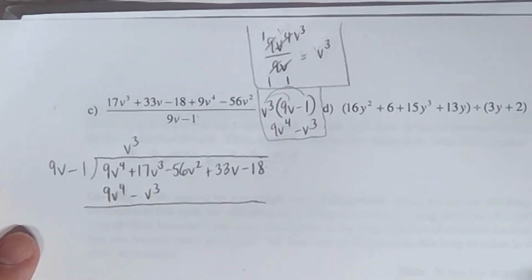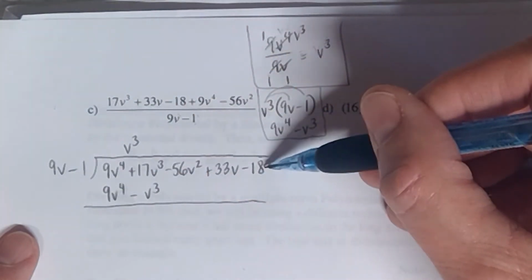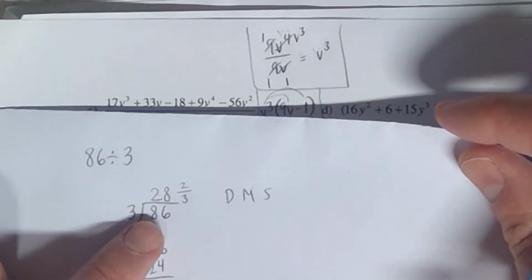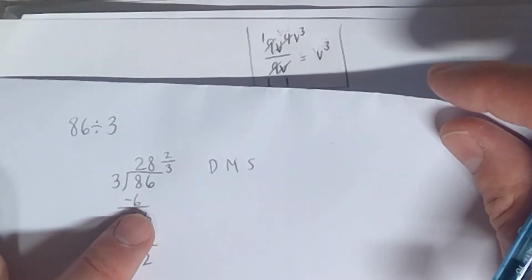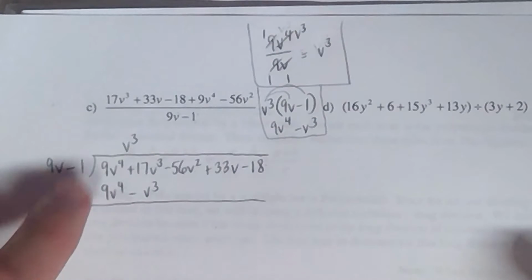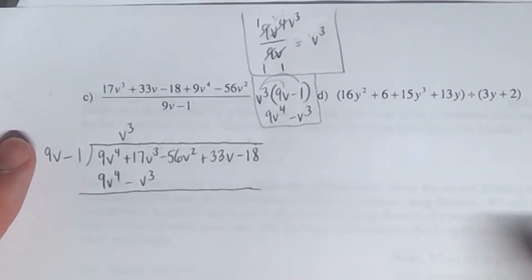There's sometimes you run into some problems. So I like to teach it as you're subtracting this entire line minus this entire line. That's something different than this problem right here where you didn't do 86 minus 6, you did just 8 minus 6. But here, you're doing the entire first line minus the entire second line, okay?